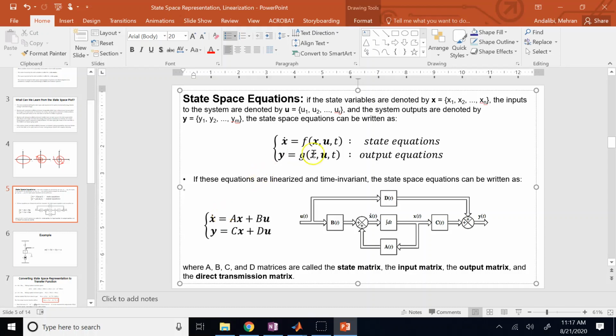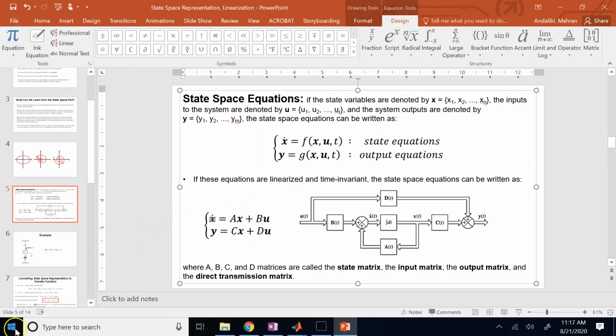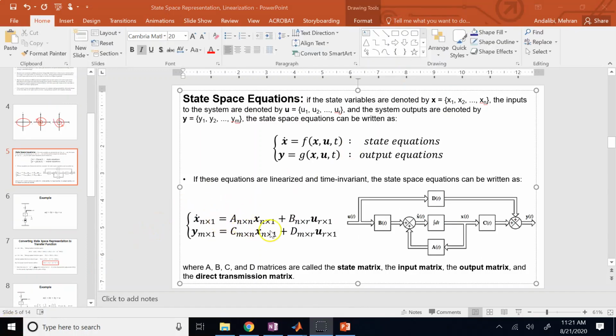But in general, if you have n state variables, r inputs and m outputs, then A is n by n, B is n by r, C is m by n, and D is m by r. And this would hopefully help you better.